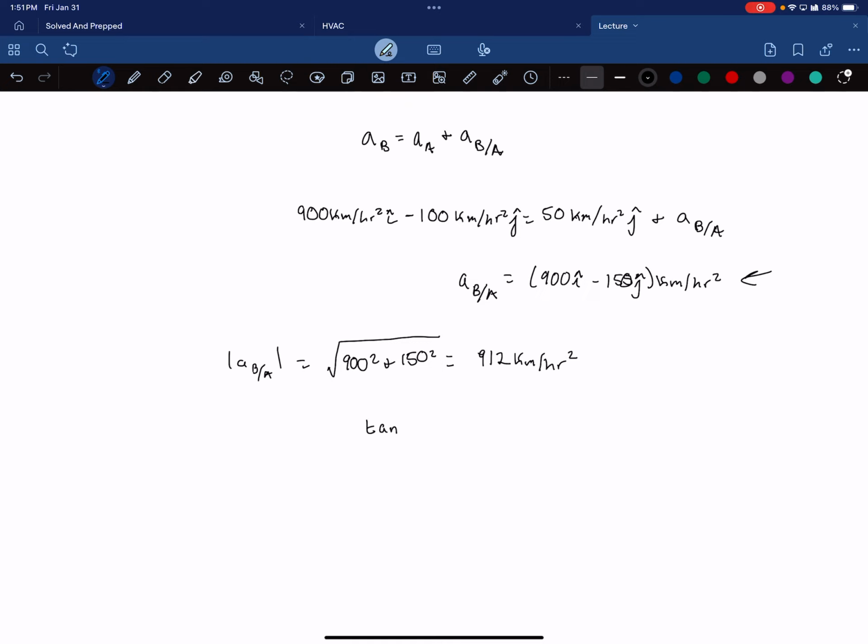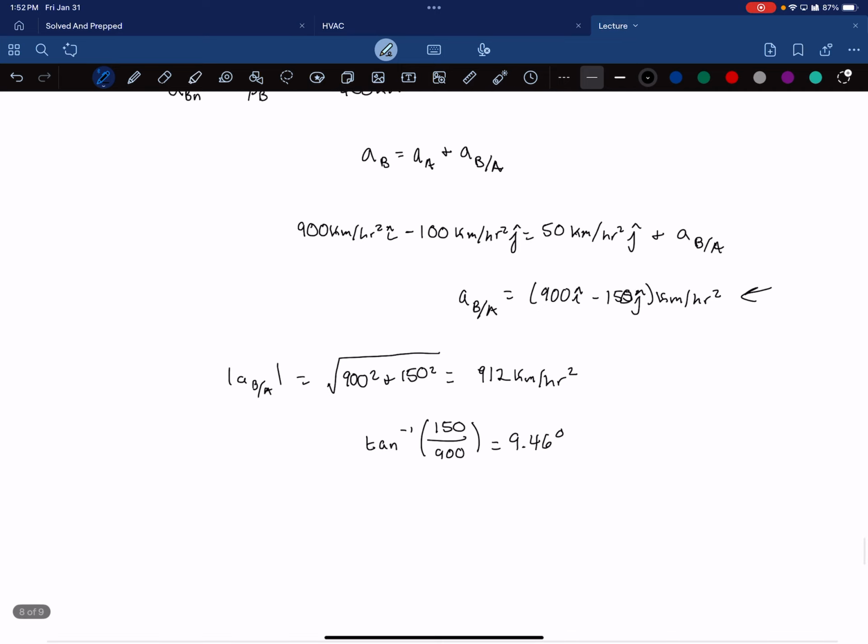Then the inverse tangent of 150 over 900, and we get 9.46 degrees. Our i component, our x component, is in the positive direction, our j component is in the negative direction, so that means our angle is referenced on this side of the x-axis.